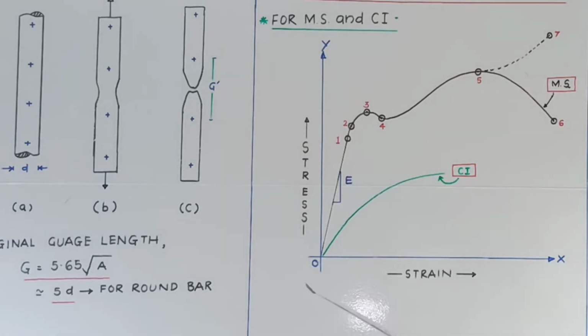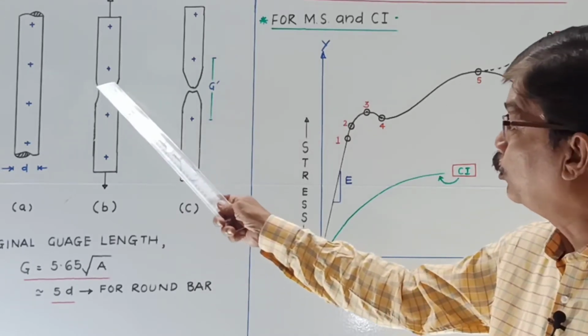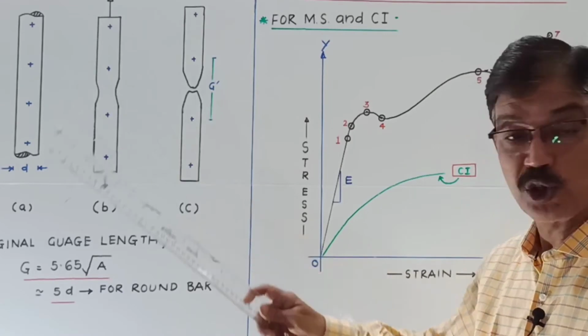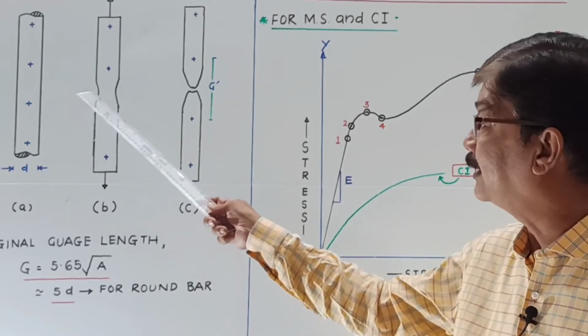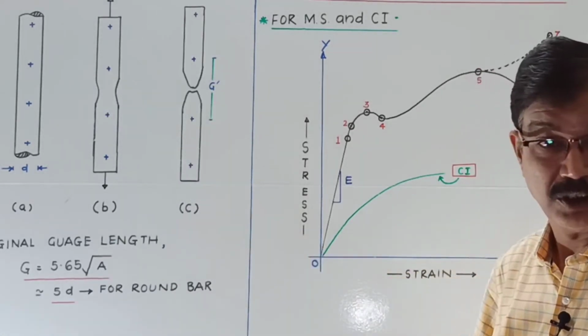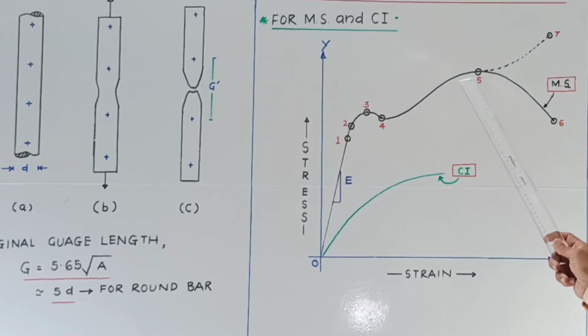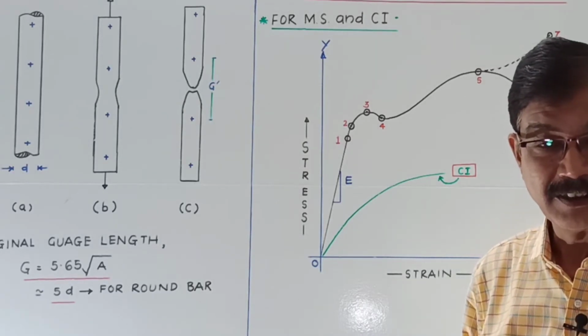Because this breaking stress is calculated on the basis of original cross sectional area. Actually, due to vest formation, area has reduced, but it is not possible to measure this diameter during the test. Therefore, this is calculated on the basis of original cross sectional area, which is known as nominal breaking stress.